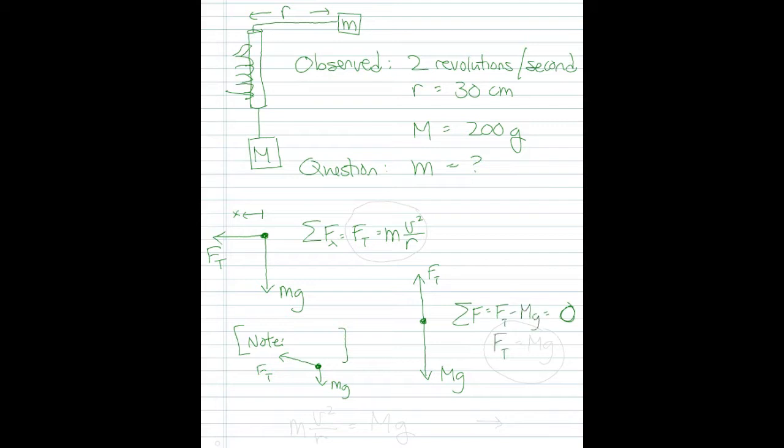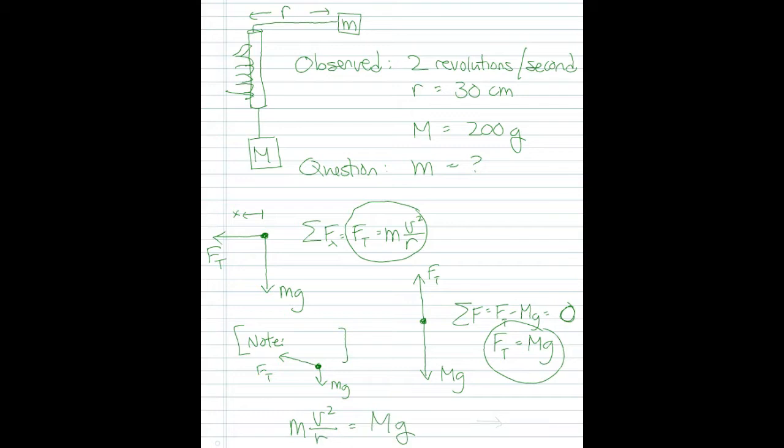So the force of tension here is big Mg. So now we can combine this relationship and this relationship into one formula, and it looks like this. It looks like mv squared over r is equal to big M times g.